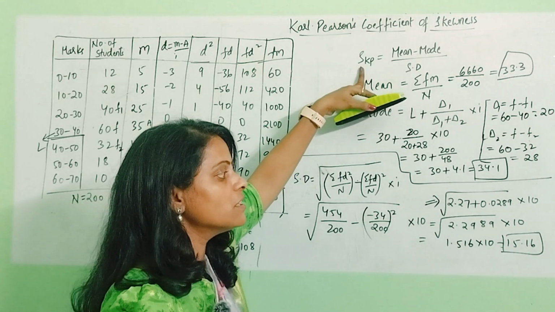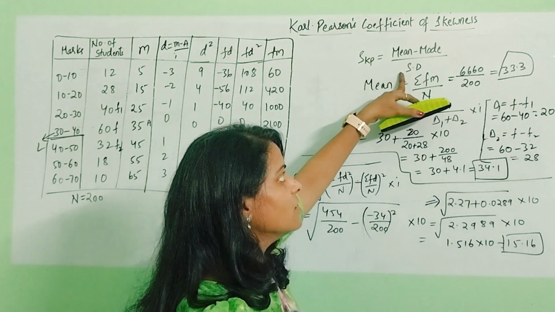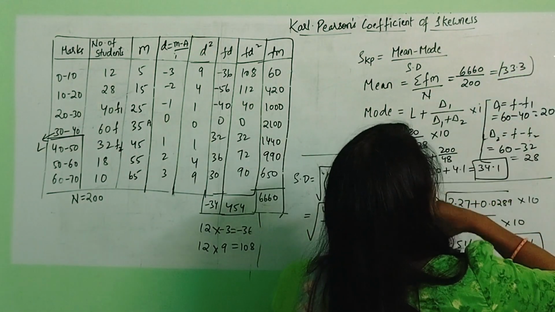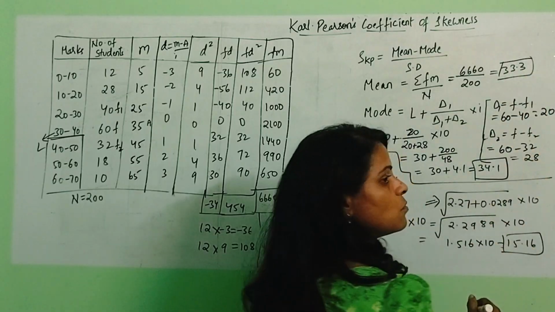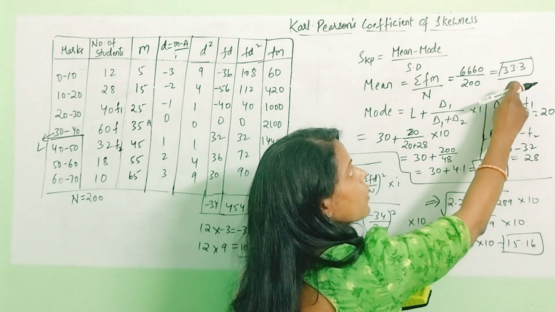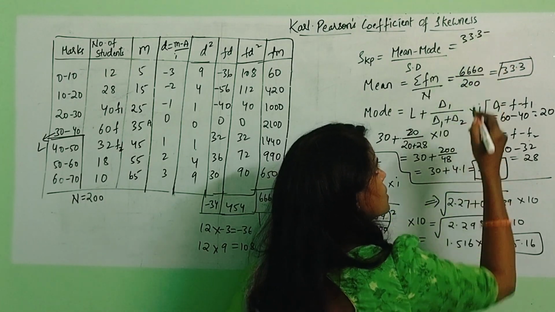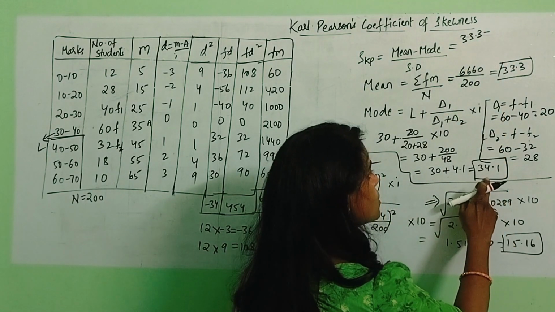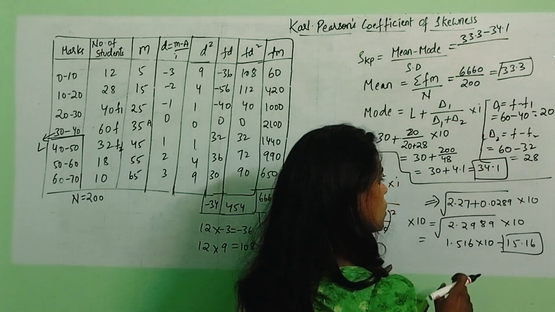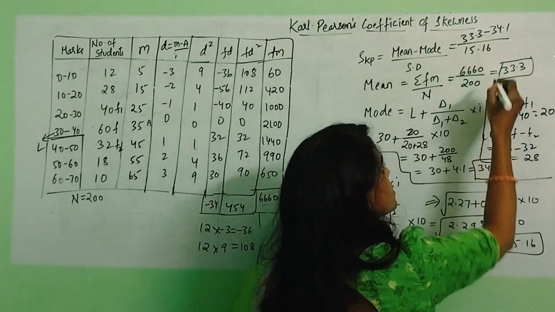That is Karl Pearson's coefficient of skewness: mean minus mode by standard deviation. Okay. So let me calculate it here itself. What is the mean value we got? 33.3. So 33.3 minus, what is the mode value we got? 34.1 by, what is the standard deviation we got? 15.16.